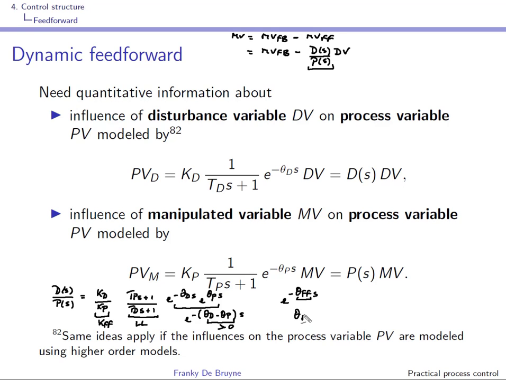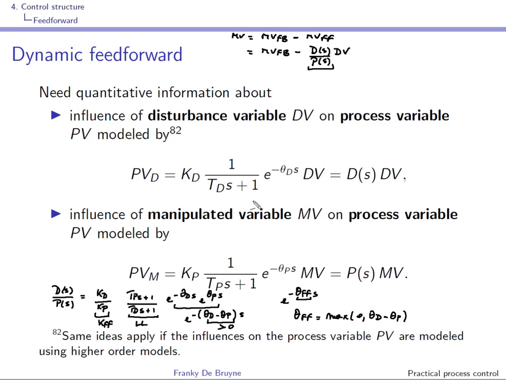Well, we can say that theta feed forward is the maximum of 0 and theta d minus theta p, right? If this one is negative, well, 0 will be selected. And this is really the feed forward dynamics if we have dynamics of the disturbance and the process that are Broida models.